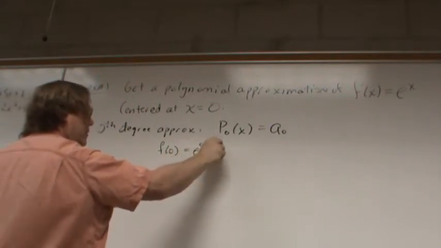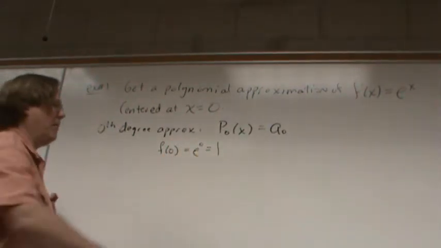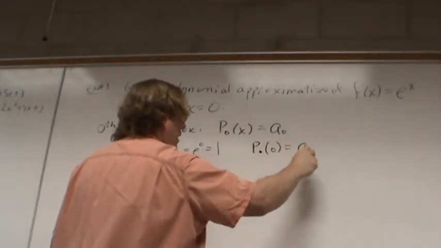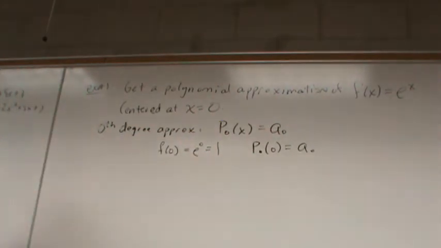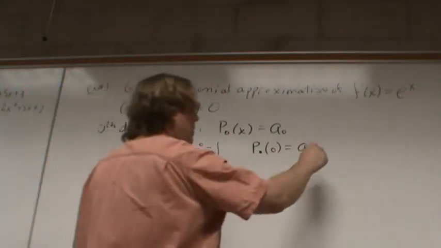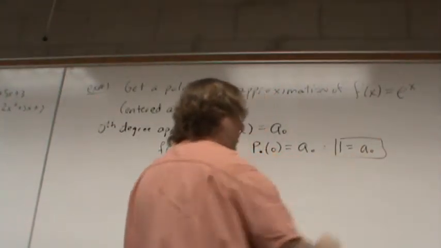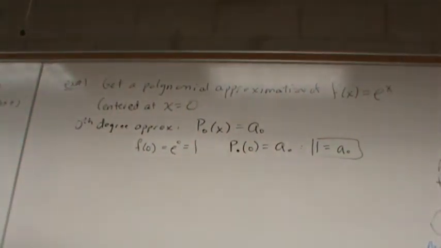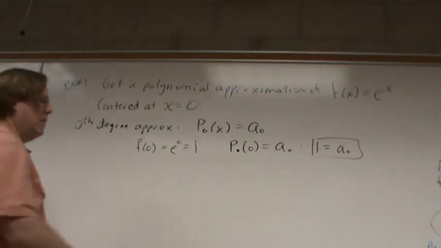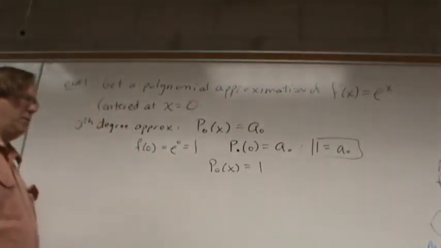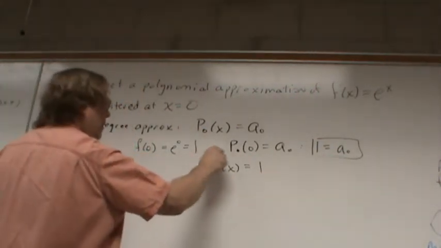That's e to the 0, which is 1. And then I'm going to get what p naught of 0 is, which is just a naught. There's no x in there, so it doesn't matter what I plug in, I get a naught. Then I put them equal to each other. So I have found my 0th degree approximation of e to the x: p naught of x equals 1.